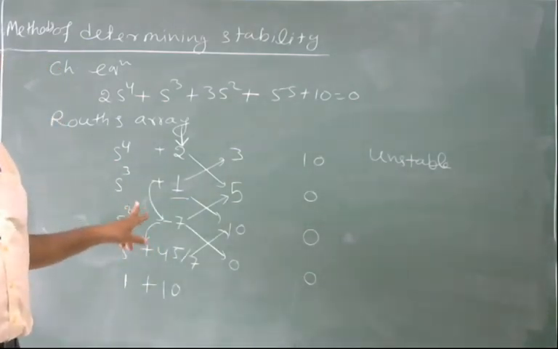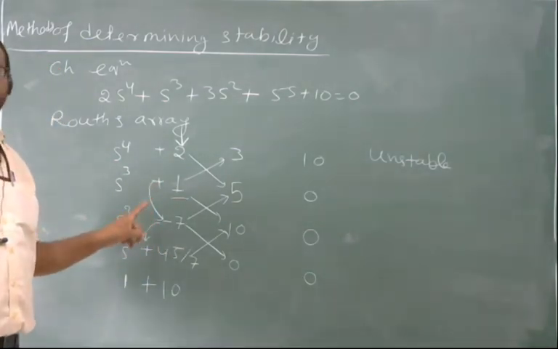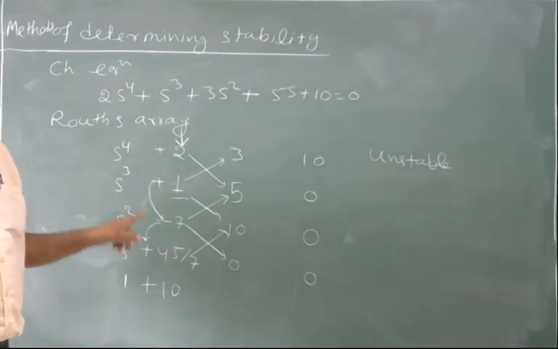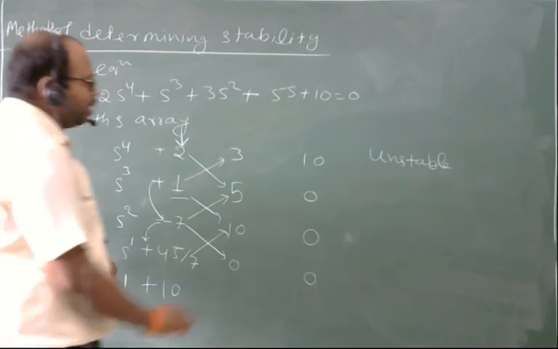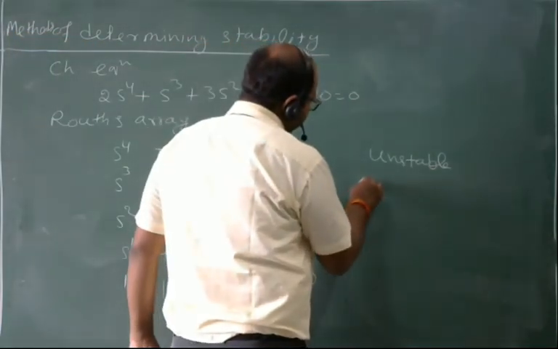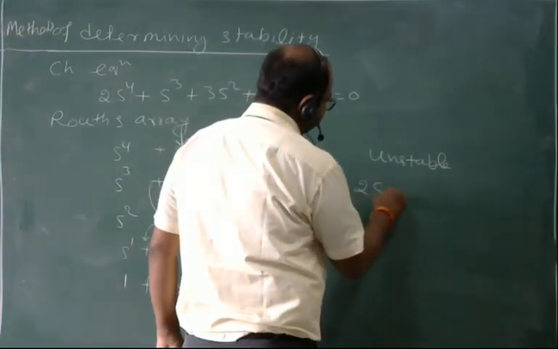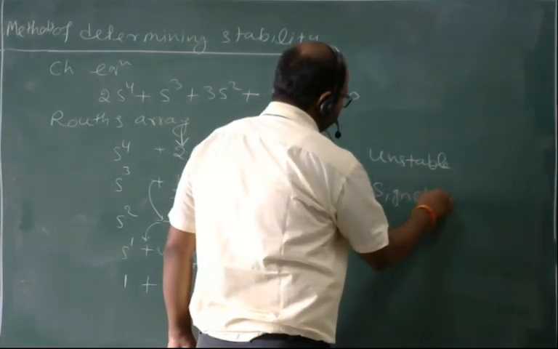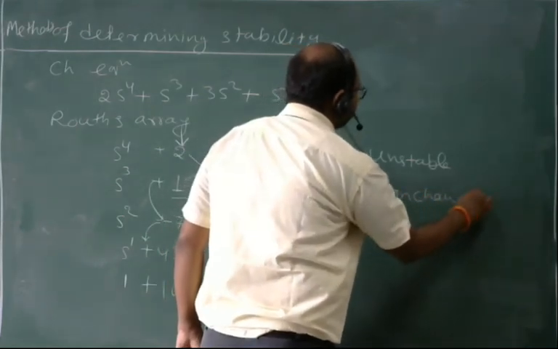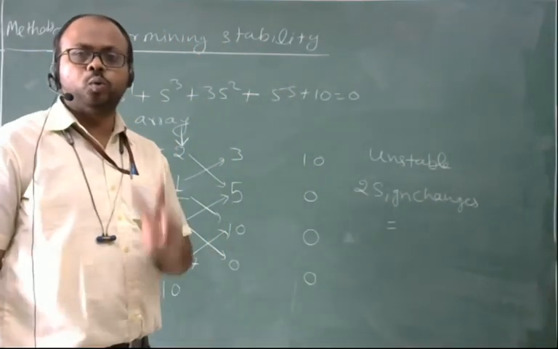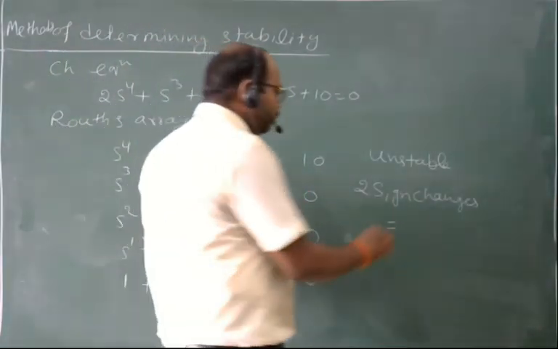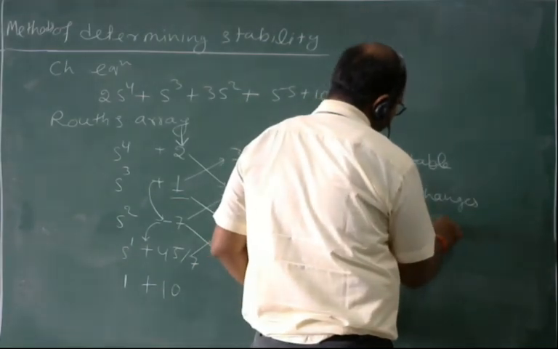So there are two sign changes, one from plus to minus, another from minus to plus, and therefore two roots lie in the right half of the S plane.